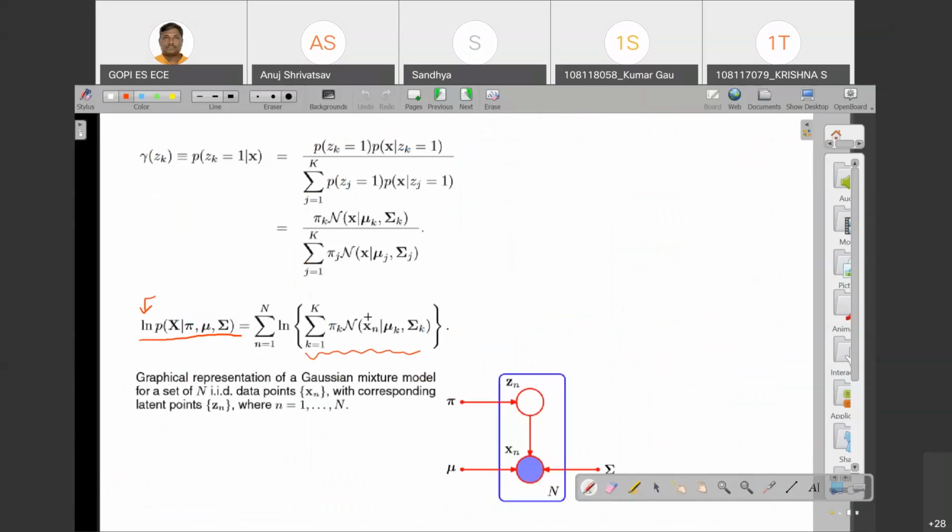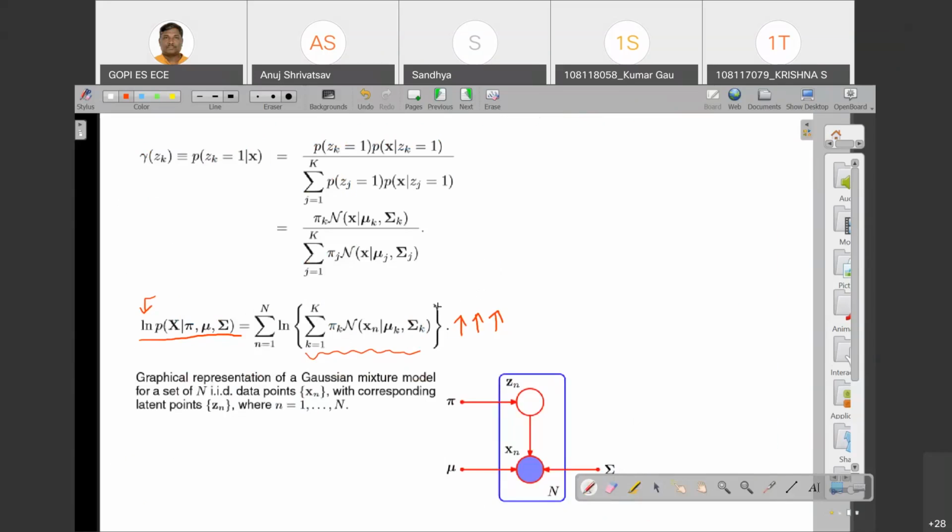So this is the modified expression to be maximized. It is like the ln of the probability of x1, x2, x3 given the parameters, that is, given the model. That is the generating model we are going to maximize.